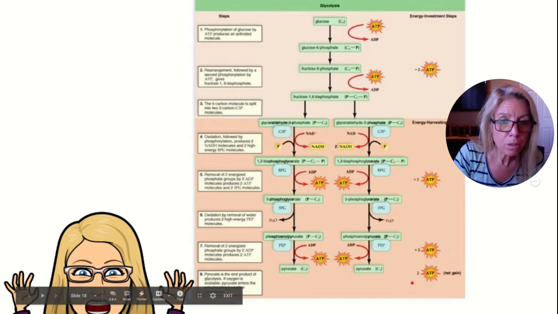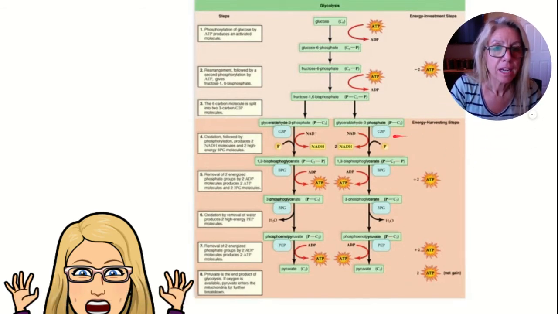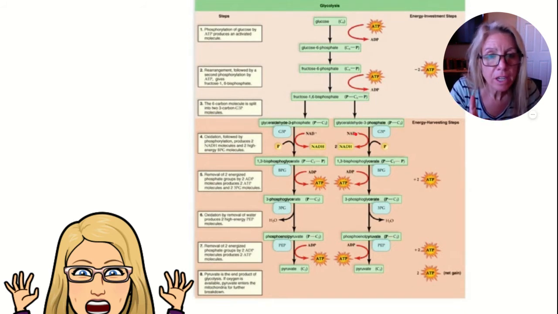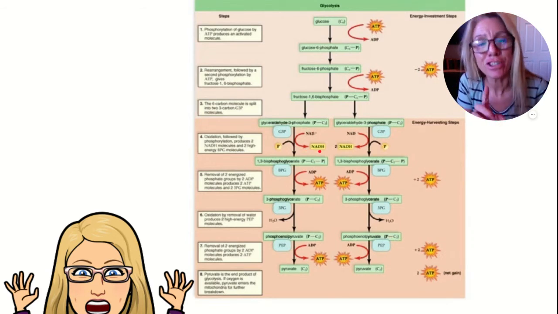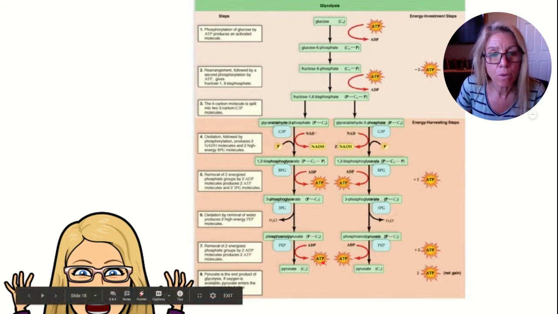Then this dark orange part, this is the energy harvesting steps. And so you can look right here. I had to spend those 2 ATP so that I could reduce NAD, right? Those are my mules. I took NAD and reduced it with some hydrogen and its electron, so I gave it some energy. So I have 2 NADs, and lo and behold, look, ATP, 1, 2, and 3, 4.